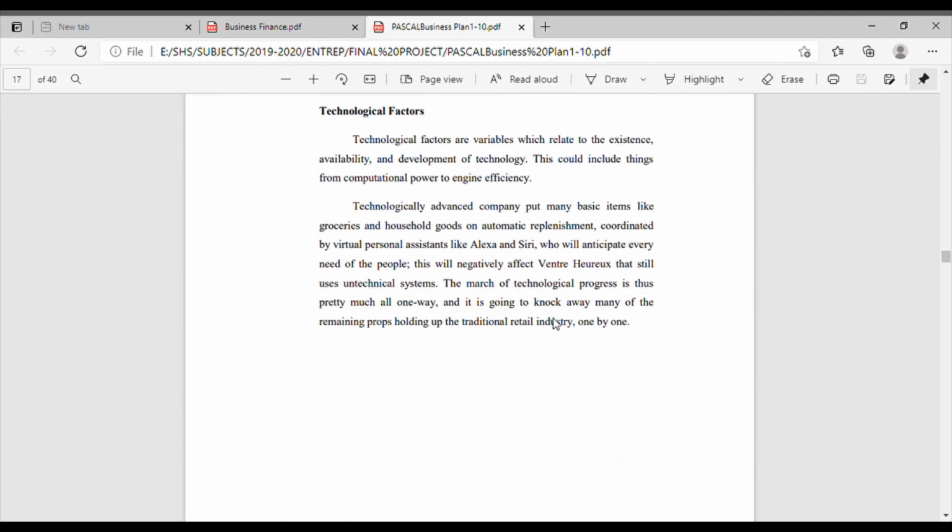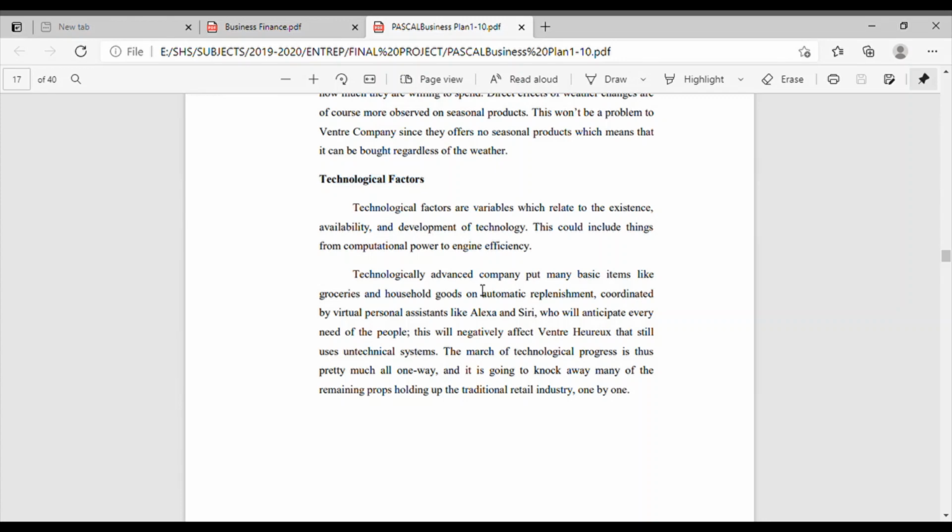And then the last one is technological factors. So technologically advanced companies put many basic items like groceries and household goods on automatic replenishment, coordinated by virtual personal assistant like Alexa and Siri, who will anticipate every need of the people.